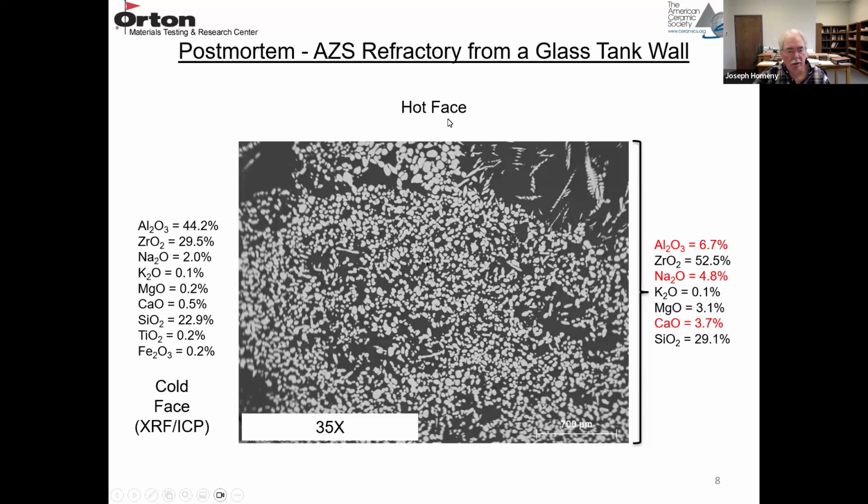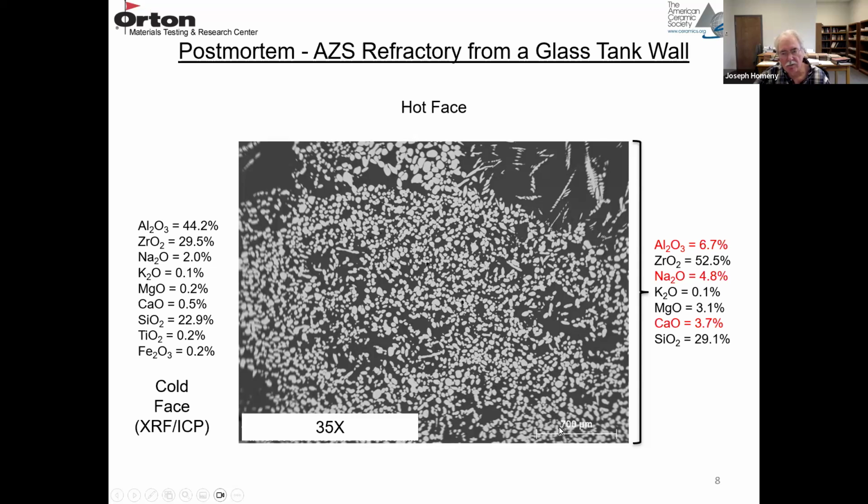So switching right at the hot face, the microstructure looks quite a bit different. Again, this is the unaltered or cold phase bulk chemistry, alumina, zirconia, and silica. And there's still some sodium there and a little bit of calcium.